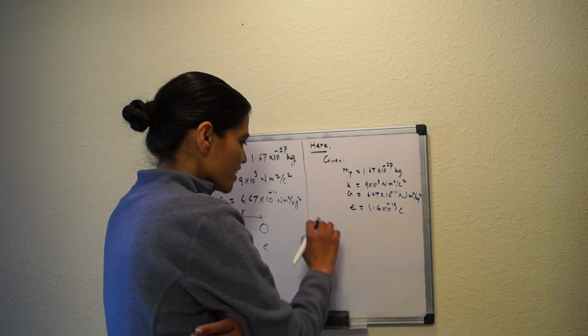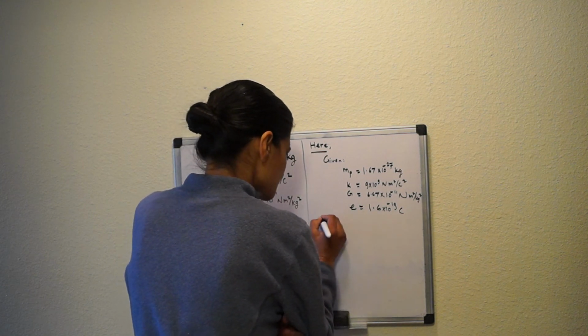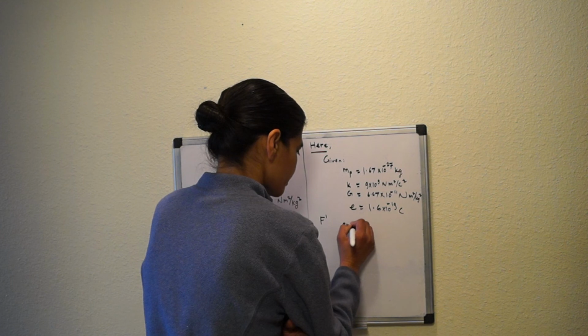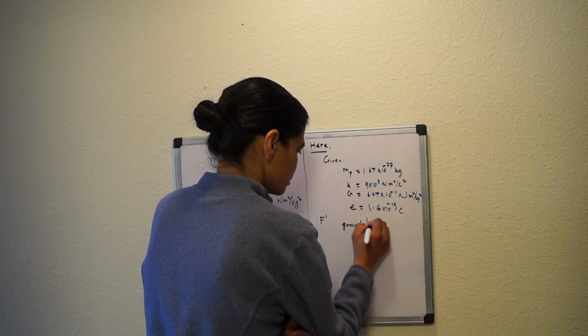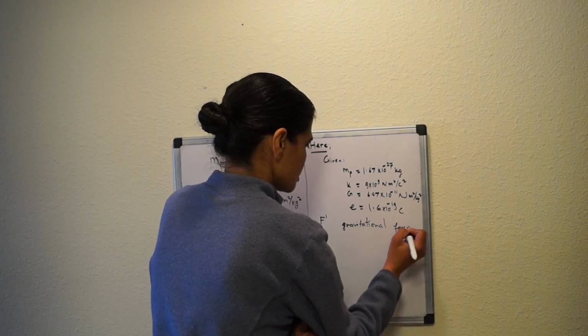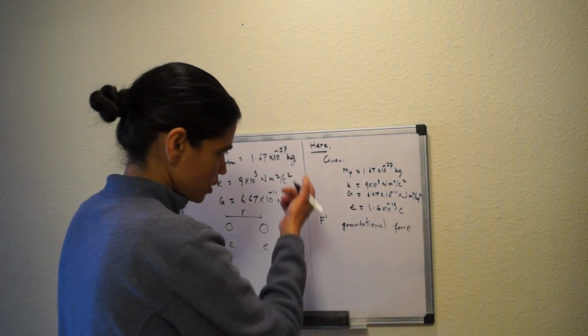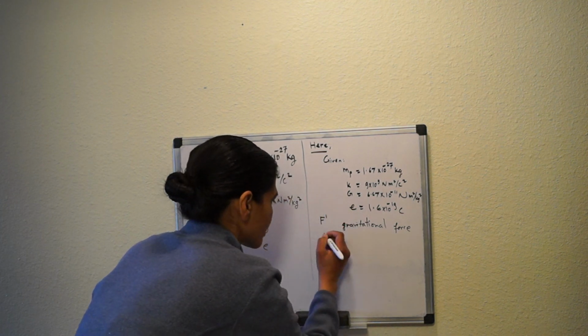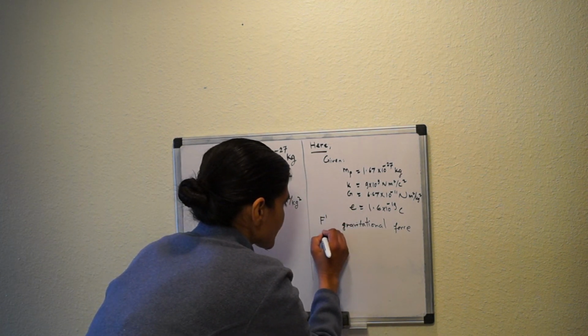Let's write F dash for the gravitational force, so we can distinguish it from the electrostatic force. F dash just for the purpose of this problem here. So we know F dash is given as what?